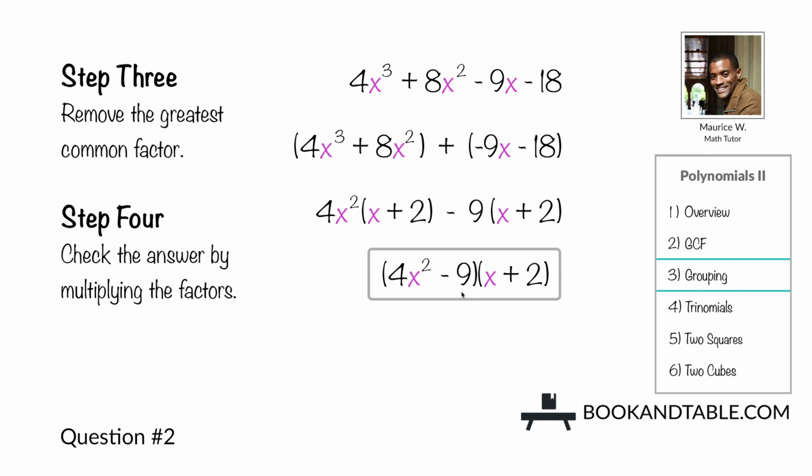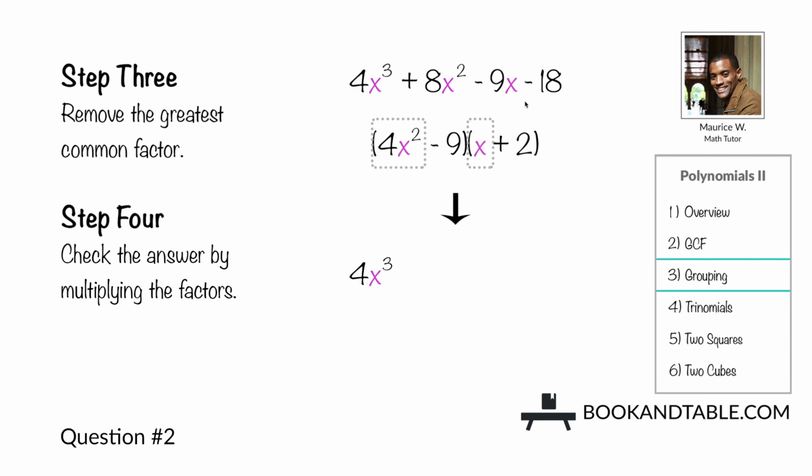And now we check the answer by multiplying the factors, and the polynomial that we get must match our original polynomial. So we get 4x squared times x, which is 4x cubed. We then get 4x squared times 2, which gives us 8x squared.